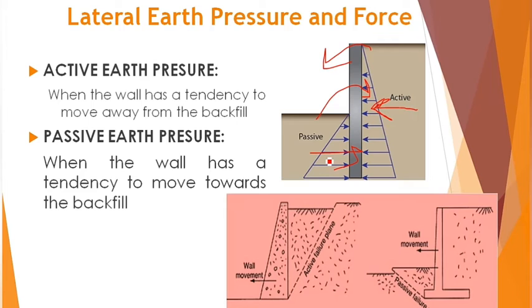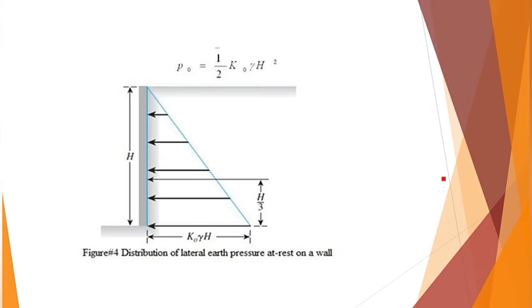So this is the passive earth pressure and this is the active earth pressure. We are basically concerned about the active earth pressure because it will have detrimental effects on the retaining wall and will contribute to the movement or other types of failures in the retaining wall.